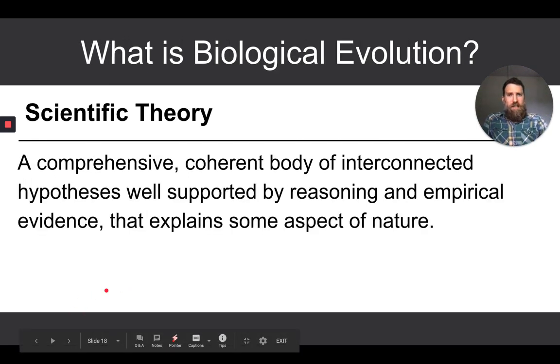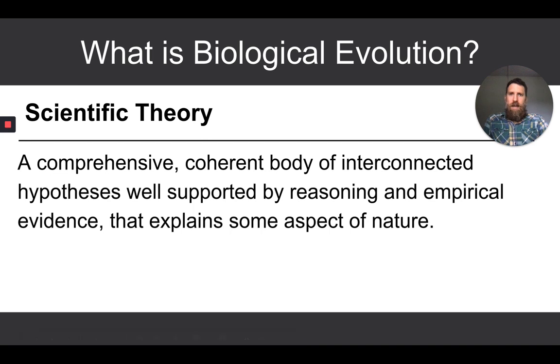The last thing that I want to say about biological evolution is the fact that it's a scientific theory. And I want to be very clear so that everyone understands what we mean by the word theory, scientific theory, because it means something very different in the context of science and how we use it as scientists and scholars, and how you would use it in just everyday common sense.